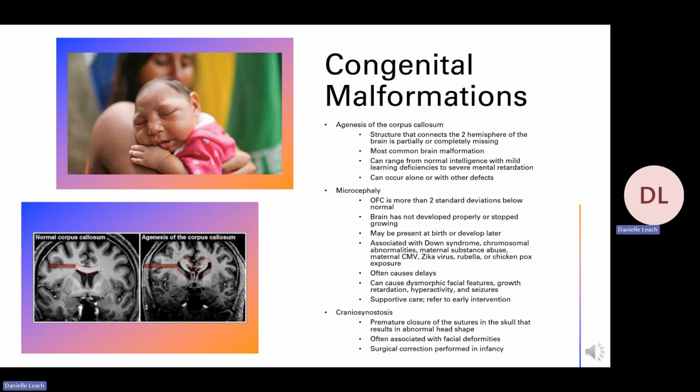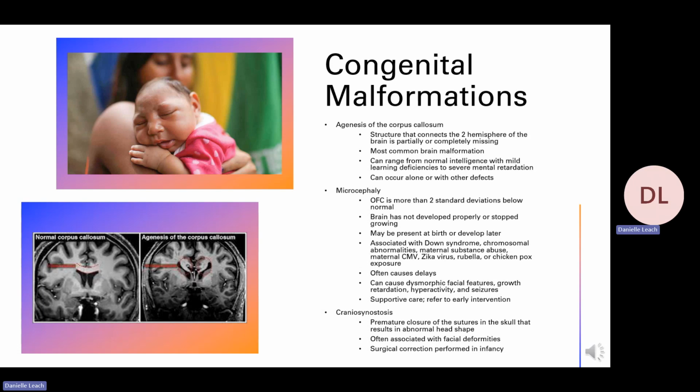A couple different congenital malformations. So one of them is agenesis of the corpus callosum. So the corpus callosum is the structure or bridge that basically connects the two hemispheres of the brain. And in this disorder, that structure is either partially or completely missing. So this is the most common brain malformation.